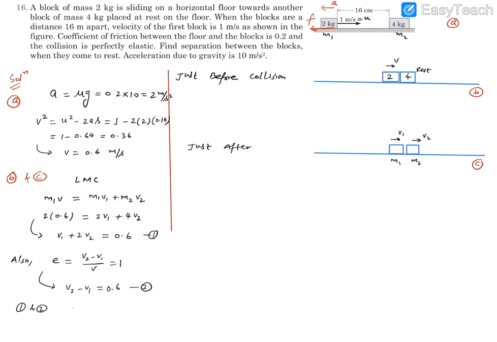So 3v2 is equal to 1.2, so v2 is going to be 1.2 divided by 3. So you'll find it's going to be 0.4. Now if v2 is 0.4, then v1 should be equal to minus 0.2 meter per second. This is also in meter per second.